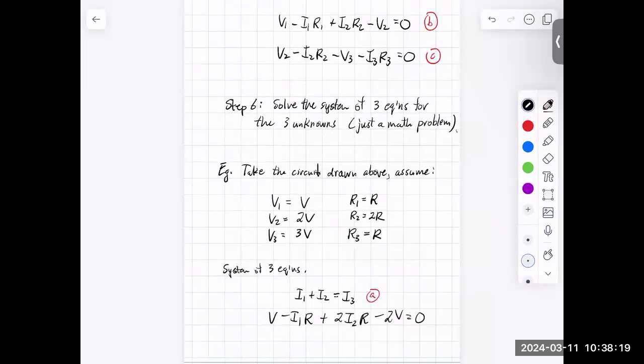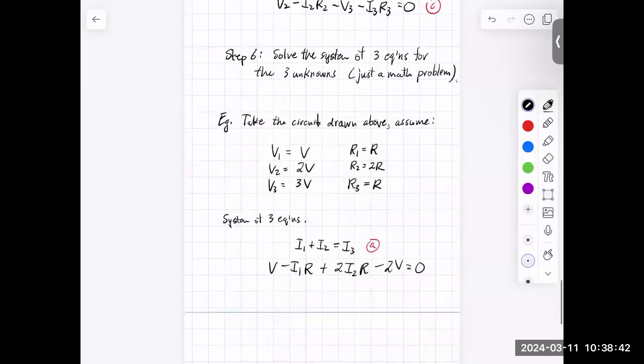And so that's fine. What we can do is some simplification of this equation right away, now that we have different expressions for V1 and V2. We have V minus 2V, which is just minus V. And at the same time, I'm going to just divide by R. So we'll end up with minus V divided by R minus I1 plus 2I2 is equal to 0.